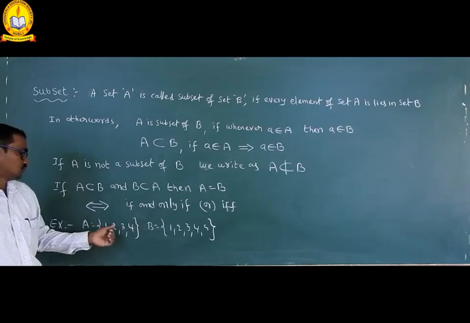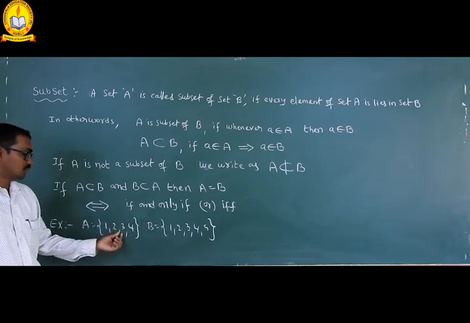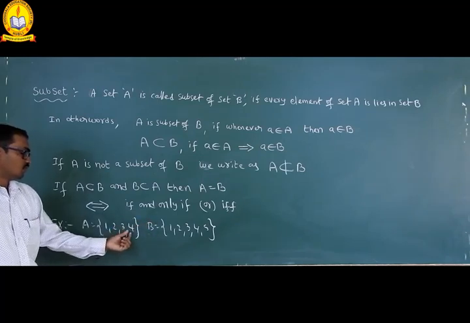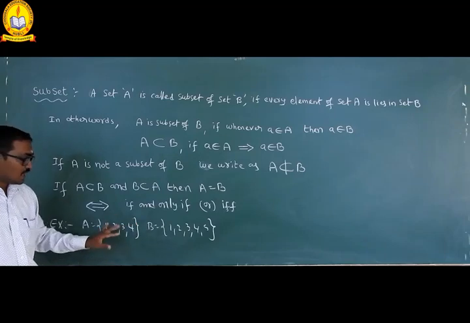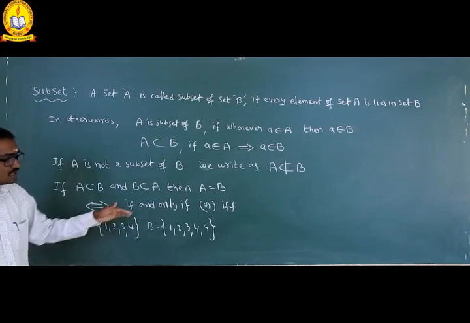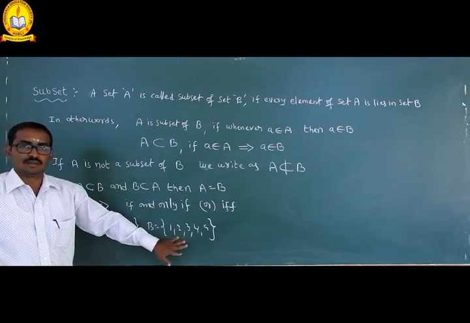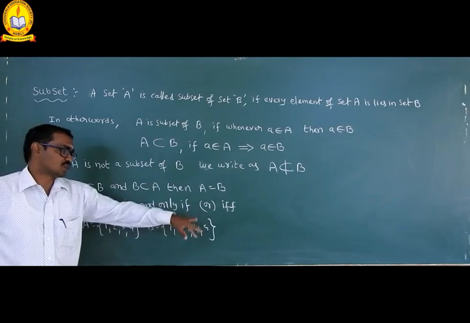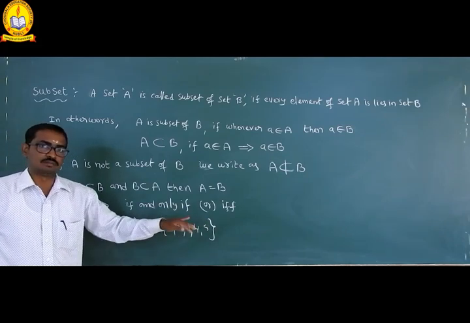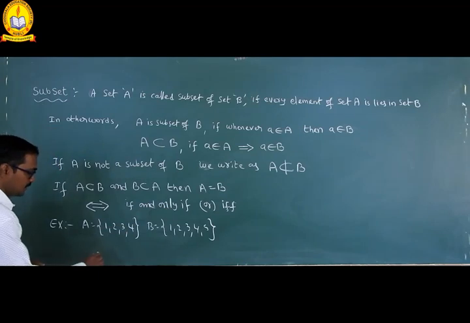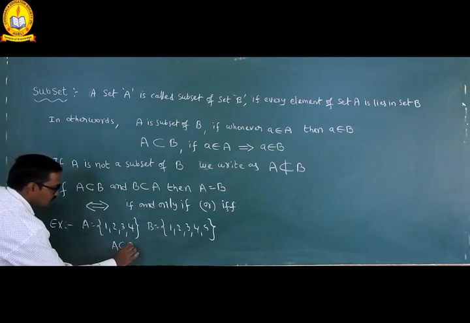Yes. 1 belongs to A and B, 2 belongs to set A and set B also, 3 belongs to set A and set B also, 4 belongs to set A and set B also. Every element of set A lies in set B. Set B has one extra element, 5. Then we can say that A is a subset of B.